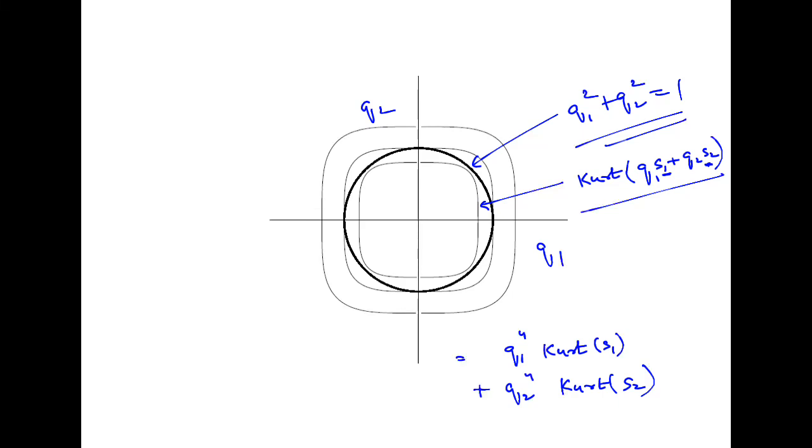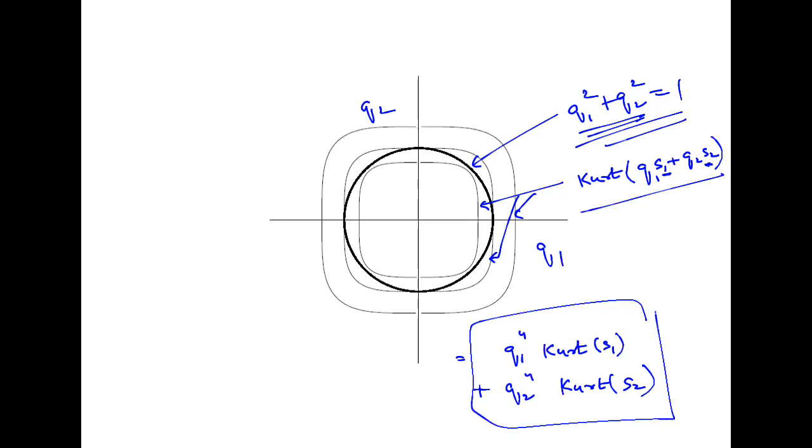Assuming those two kurtoses are the same, how does this function behave, subject to the constraint Q1 squared plus Q2 squared equal to 1? These squarish curves here are the plots of these functions.